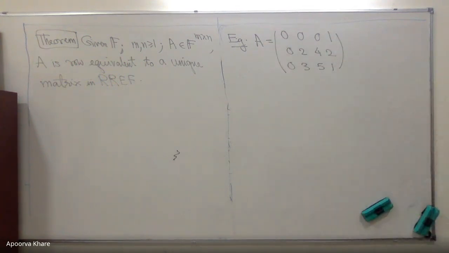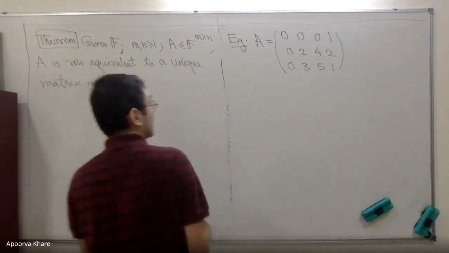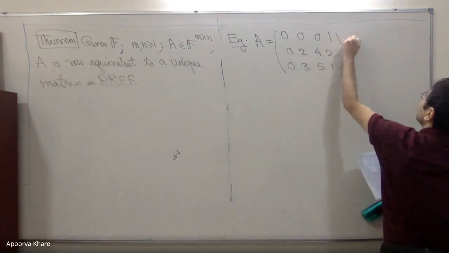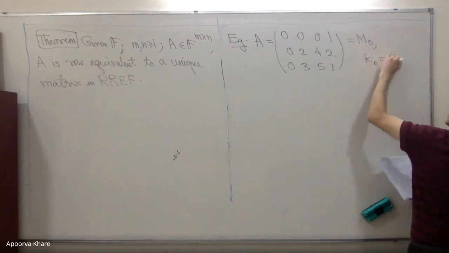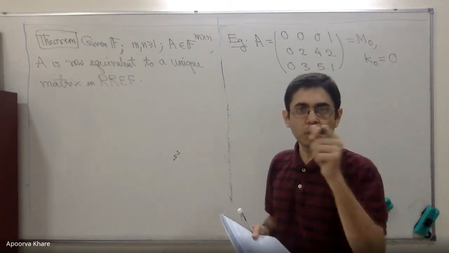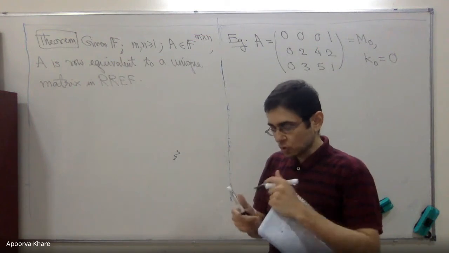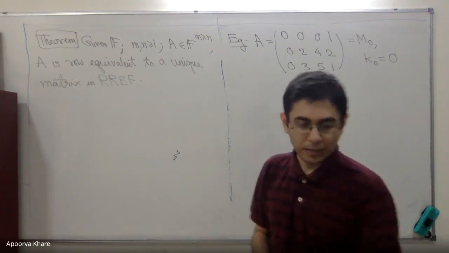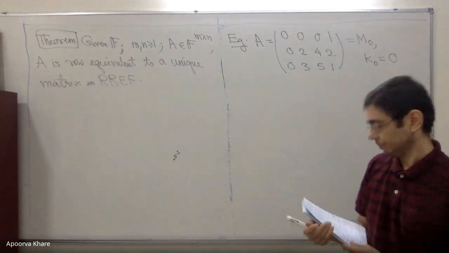Okay, I'm going to start with this matrix just as an example. Here I'm going to call this matrix M0, and then I'm going to set K0, an integer, to be 0. So at every stage, I'm going to keep track of the matrix M0 and integer K0. From there, we will get to a matrix M1 and an integer K1 of the same size, then M2 and K2 and so on.